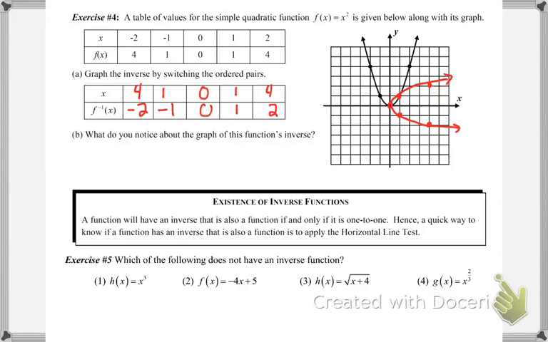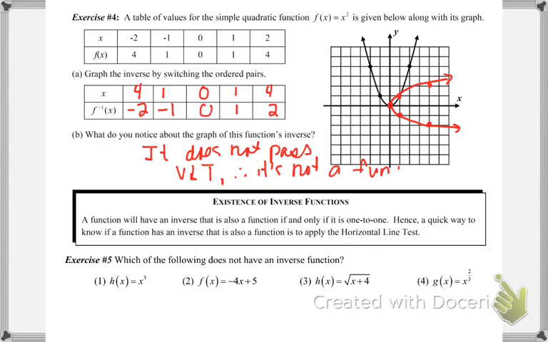And what you notice about the graph of the inverse, it does not pass the vertical line test. So therefore, it's not a function.